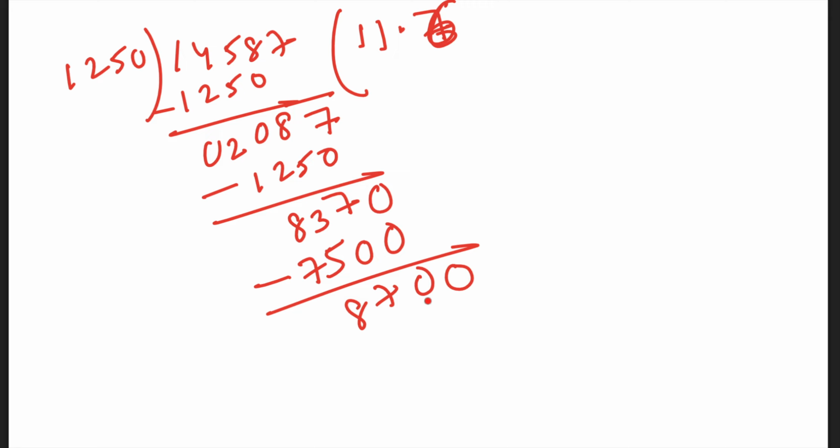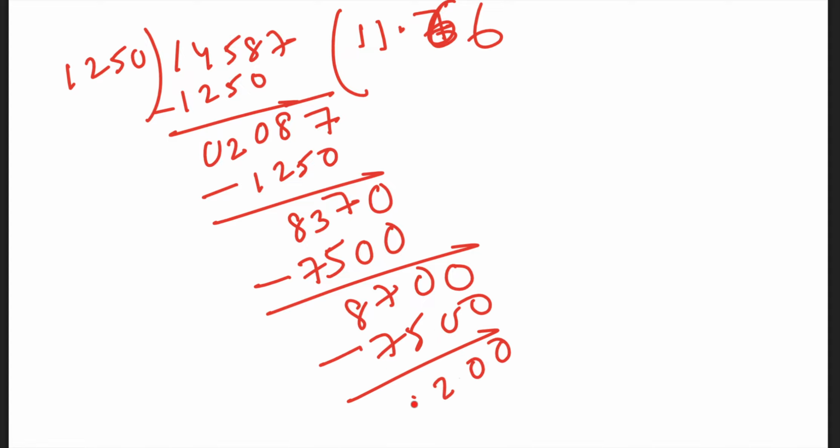Here I think we can do with 7. Sorry, 7 times 0 is 0, 7 times 5 is 35, 3 carry forward, 7 times 2 is 14, 14 plus 3 is 17, no, we still cannot do it, so we need to do it by 6 only. So this will be 6 also. So 7 5 0 subtraction, 0 0 2 1. So this number is again not divisible, so let's do it by adding 1 more 0, so that becomes 9 times, I guess.